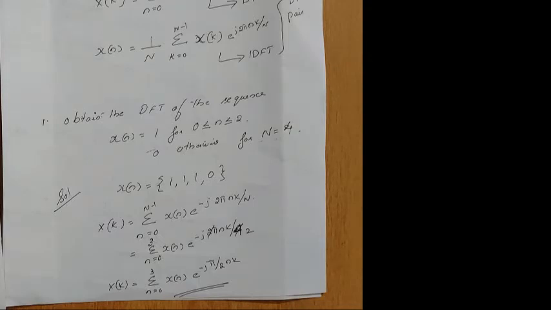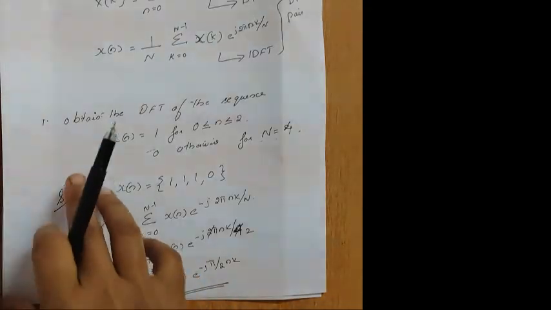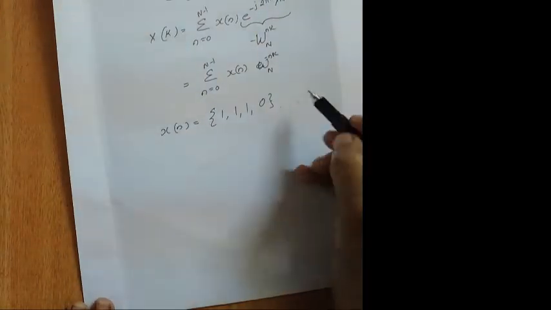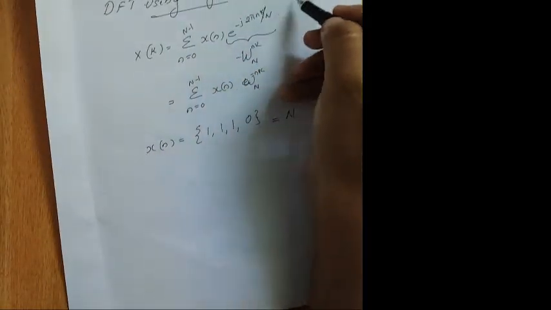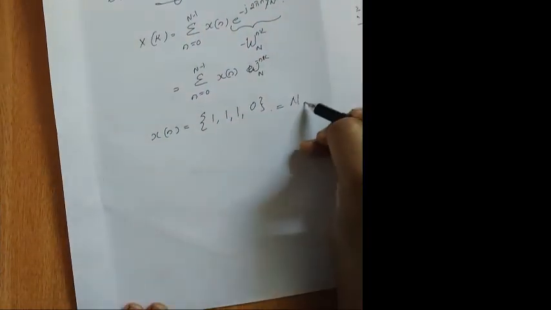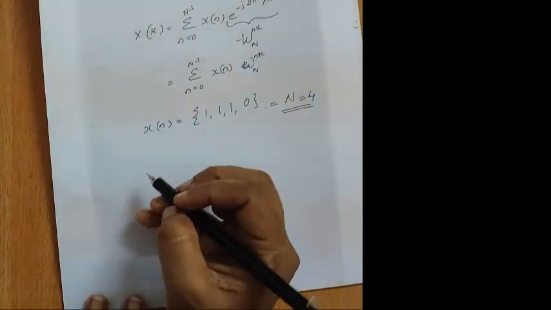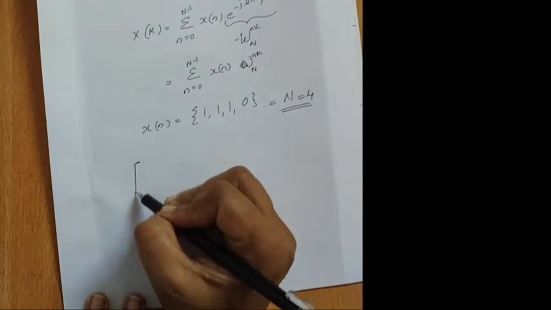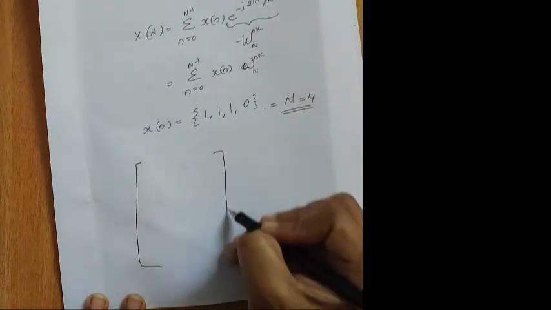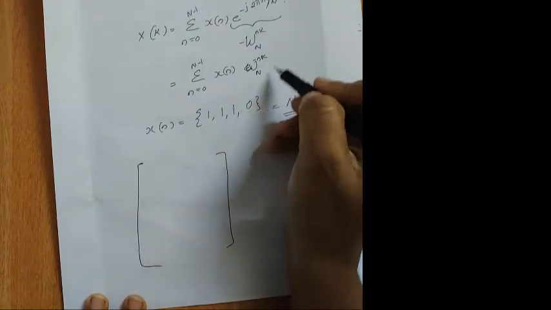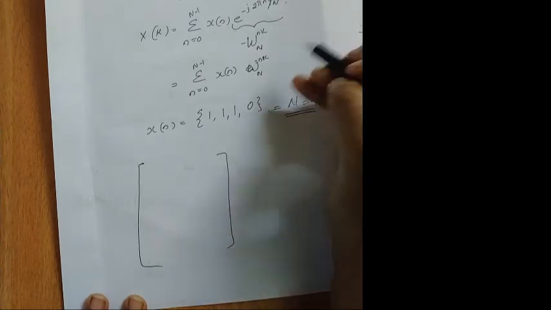If it is a 4-point DFT only, 4-point DFT means your sequence N is equal to 4 only, you can find this linear transformation. It can be written using this omega factor, which you are calling the twiddle factor.